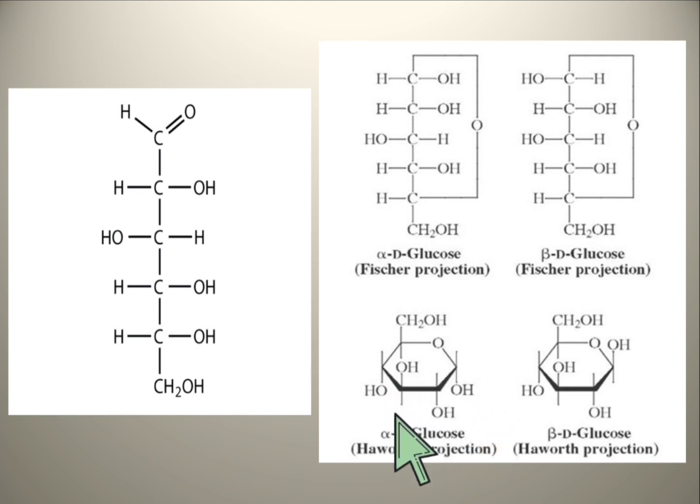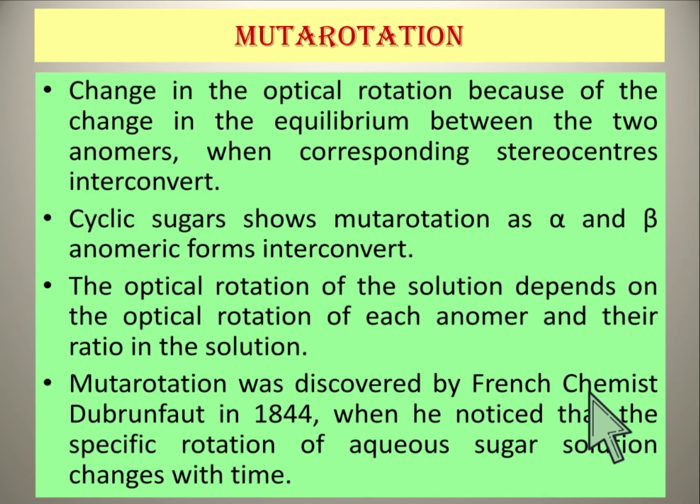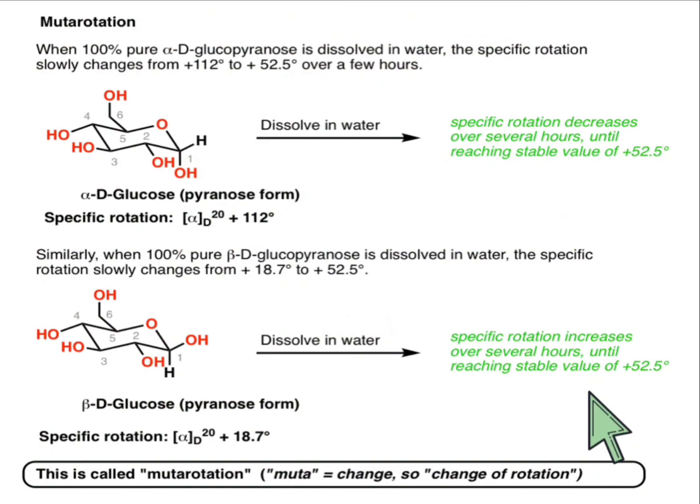It is when the ring opens and recloses, and when it does, it takes either an alpha form or a beta form again until the equilibrium is attained. So that is the mechanism of mutarotation.